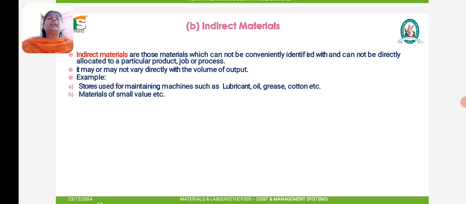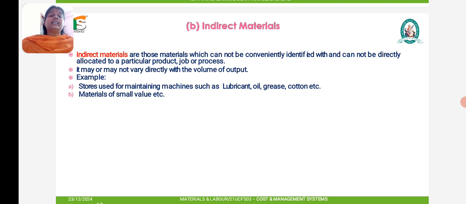It may or may not vary directly with the volume of output. Sometimes these materials may vary with the volume of output, or sometimes they may not.